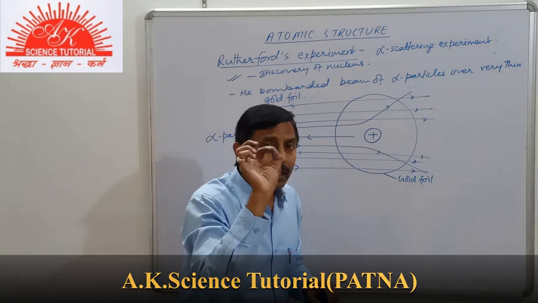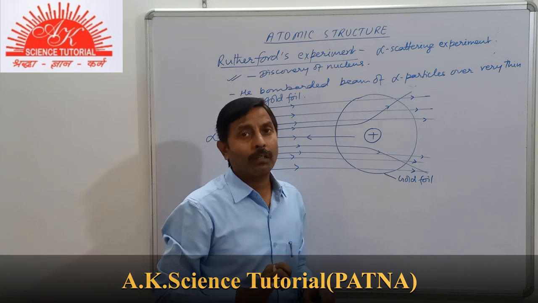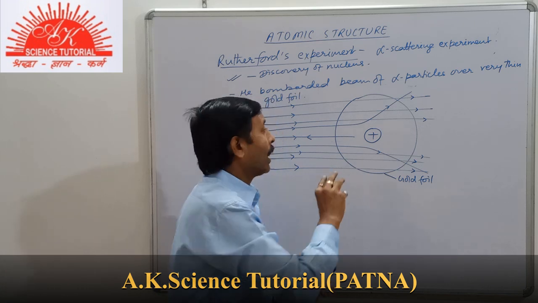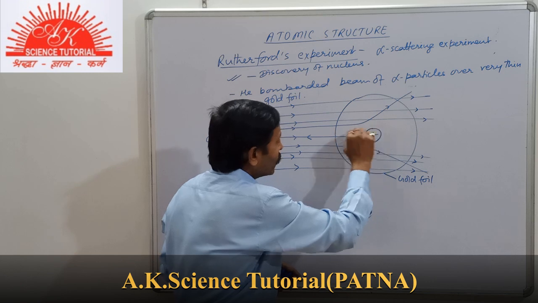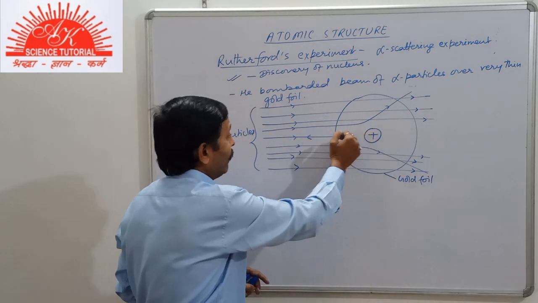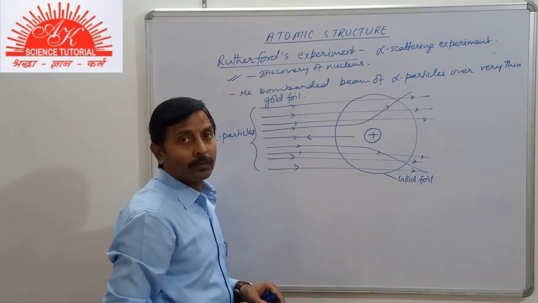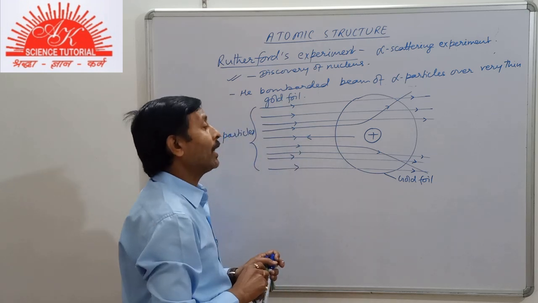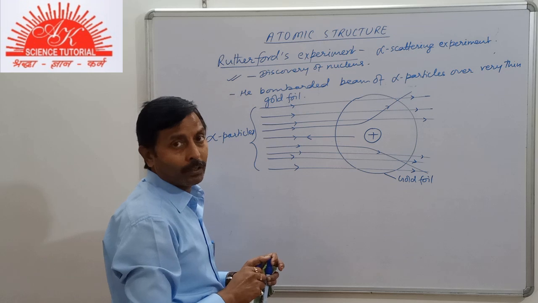It means that in a very small space there was total positive charge concentrated, just in front of it, so it was repelled back. So this was the alpha scattering experiment.